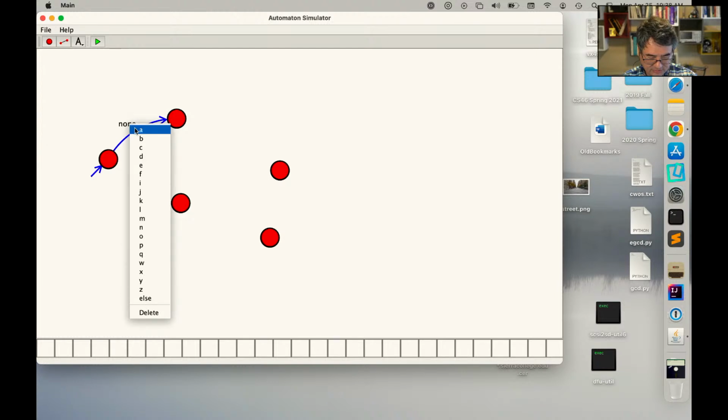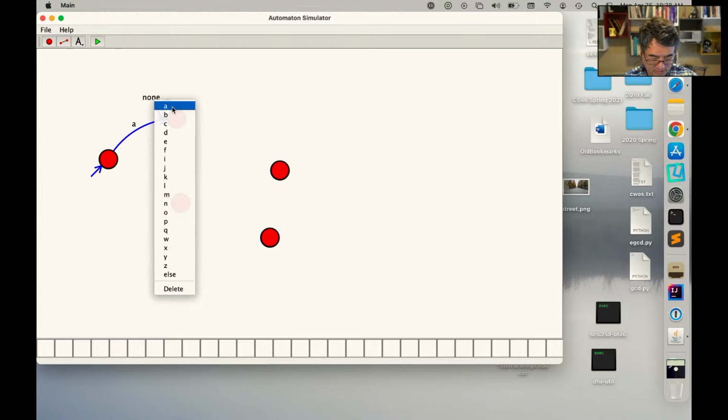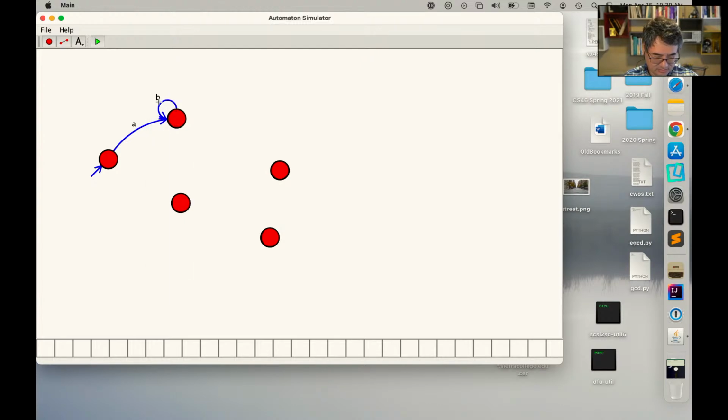This one is A, and then it goes back to itself. It's kind of difficult to draw this. I always forget how to draw it back to itself. I just click on it. There we go. And this is B. I can move it over here. And then this one is labeled C.